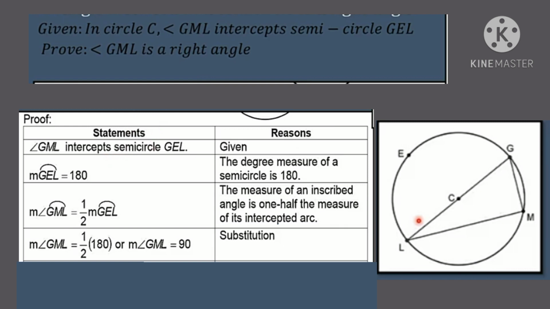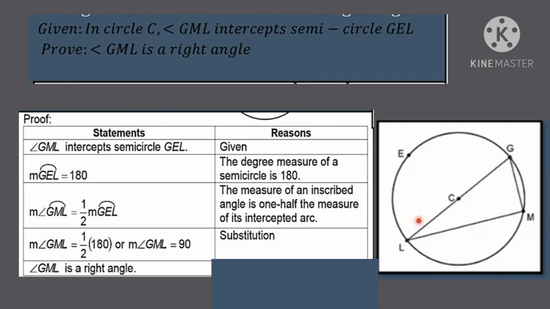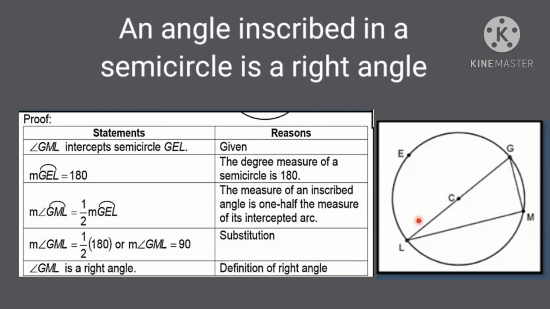And the reason for that is substitution. And for the final statement, angle GML is a right angle, and the reason is the definition of a right angle. So we're able to prove that an angle inscribed in a semicircle is a right angle.